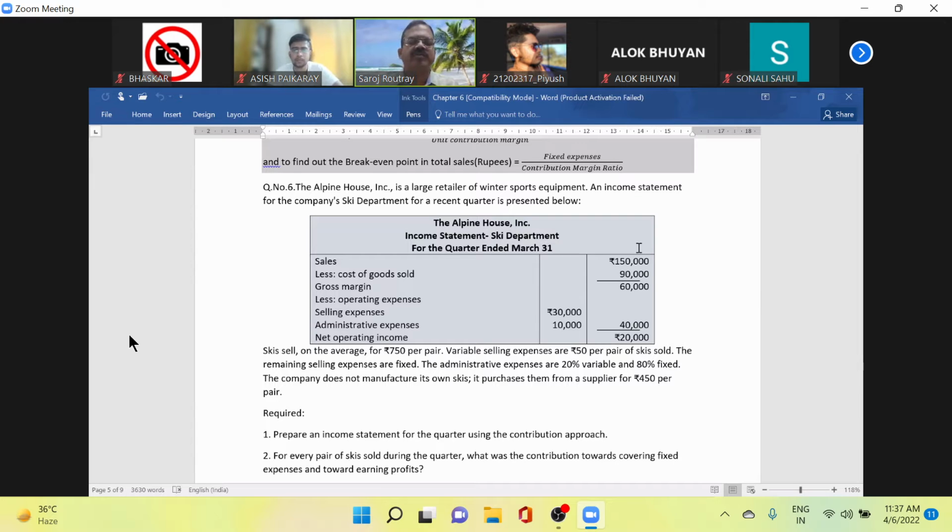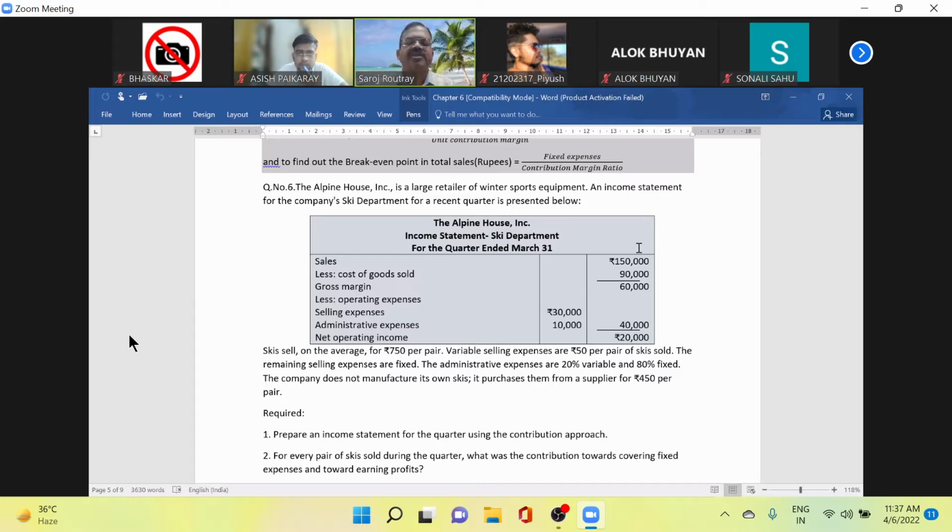From gross margin, we deduct operating expenses, selling and administrative, periodic expenses, and then we get the net operating profit. I'm reading the rest of the question, but I expect all of you will also go through it, because thereafter I'll immediately ask a few questions.